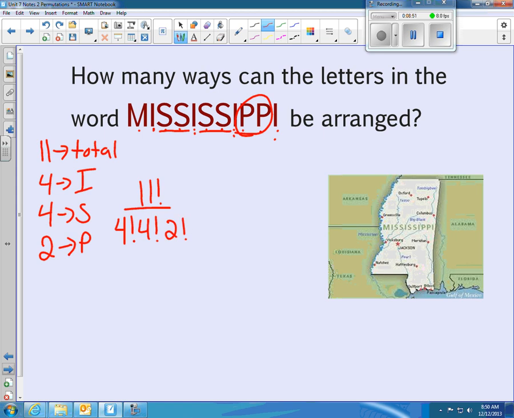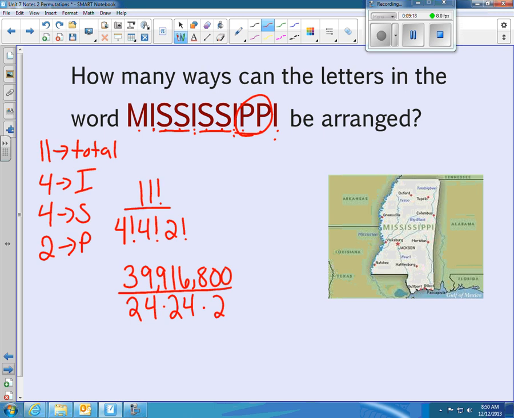So we're going to calculate this out by doing 11 factorial. Now use your factorial button that we found on our calculator. And we get 39,916,800. And 4 factorial on your calculator, 4 times 3 times 2 times 1, gave us 24. And we have that twice.